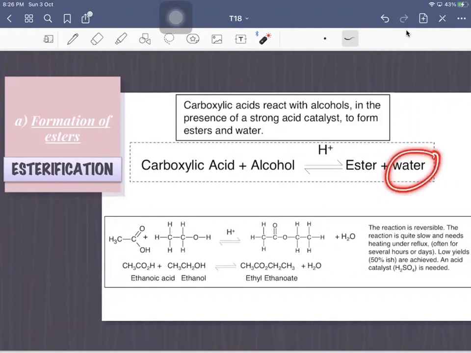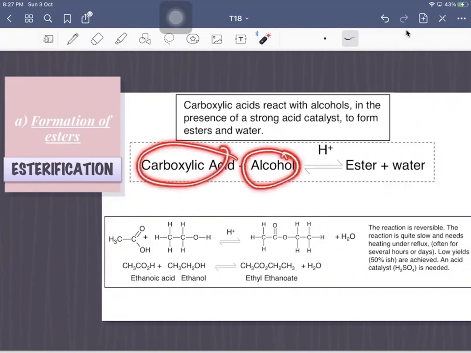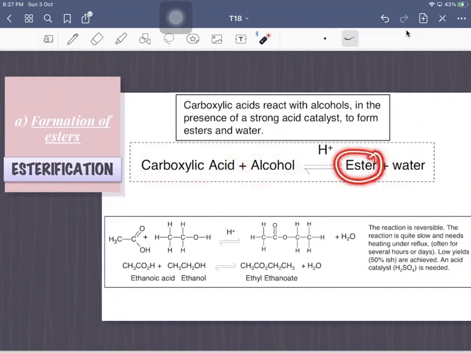So don't forget that you form water as a side product, and this means that esterification is a condensation reaction. You have 2 reactants to combine into one which is your ester, and in the process you form water. So that's condensation reaction. Condensation reactions for carboxylic acids and alcohols are often reversible.